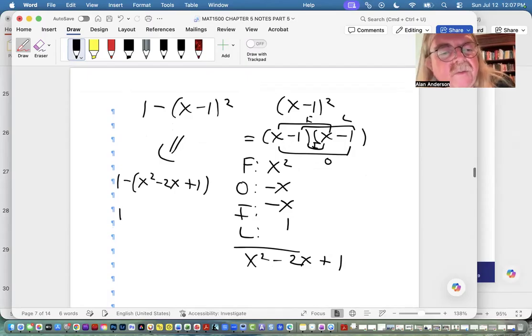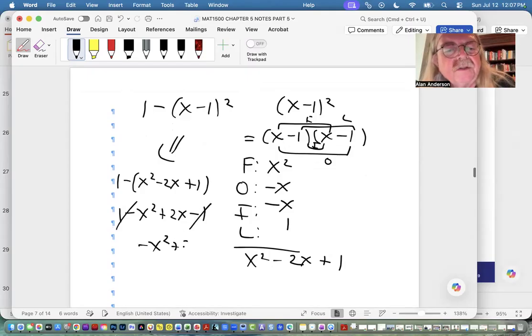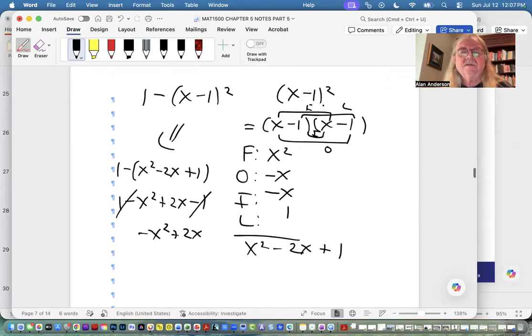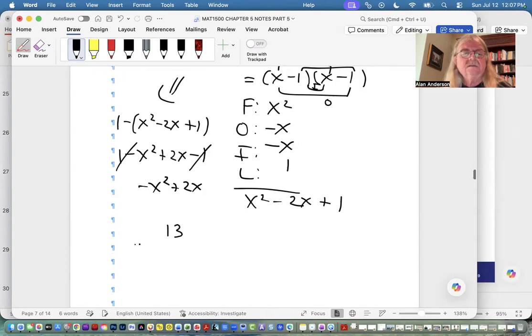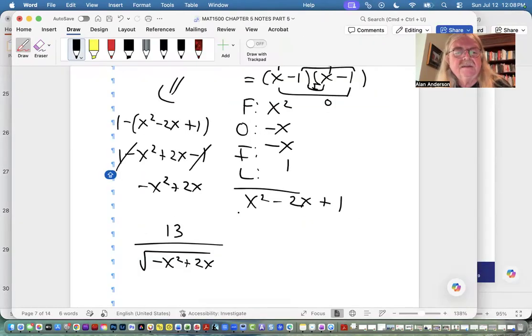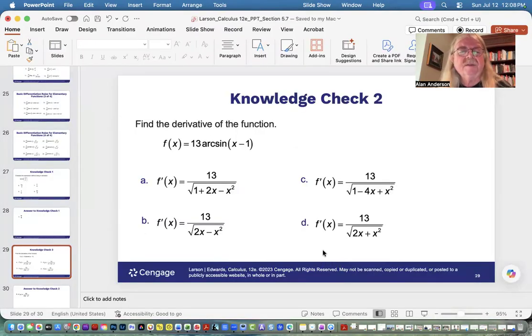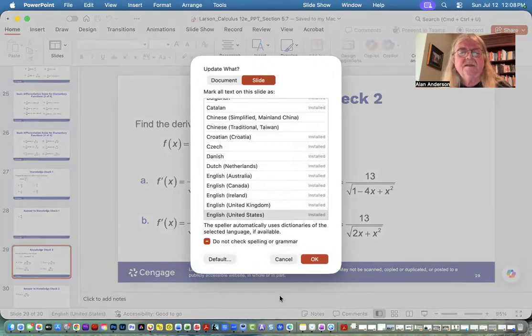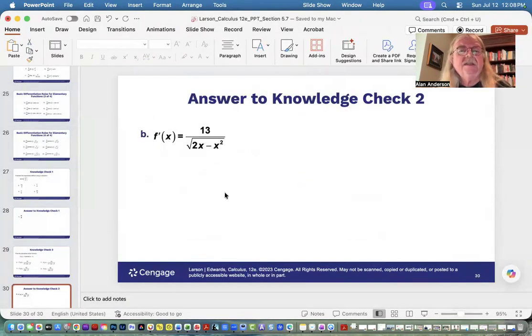So when we drop the parentheses, we have 1 minus x squared plus 2x minus 1, or just minus x squared plus 2x. So this can become 13 over. All right, and that would be B. Okay, they just rewrote it slightly differently. All right, so that would be B. And yes, there we are.